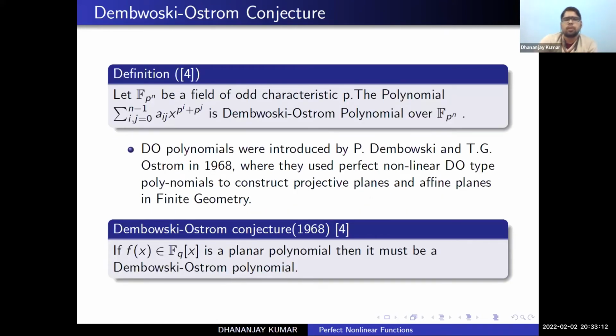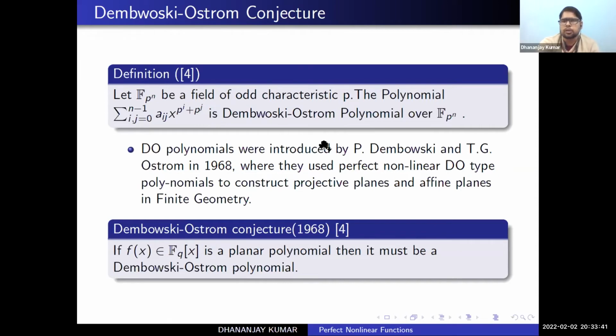Next, we move to the Dembowski-Ostrom conjecture. First, we see what a Dembowski-Ostrom polynomial is. A Dembowski-Ostrom polynomial is a polynomial over the finite field F_{p^n} of characteristic p of this shape: the summation of a_ij x raised to the power p^i + p^j. This polynomial is called a Dembowski-Ostrom polynomial.